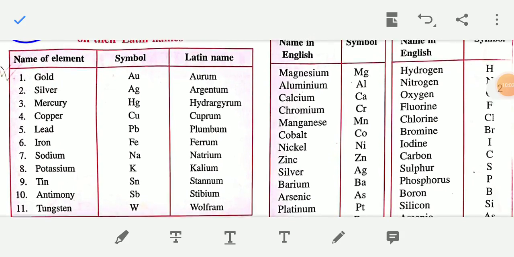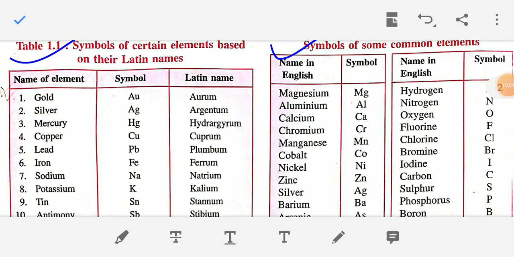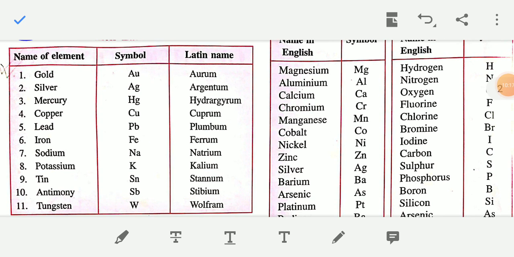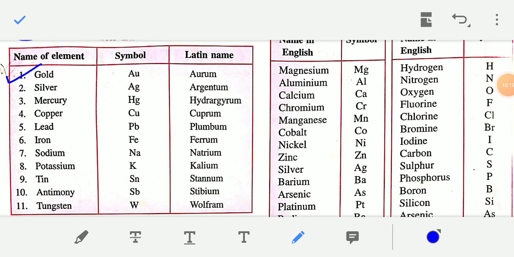See, table number 1.1, symbols of certain elements based on their Latin names. All these symbols you have already studied in class 8. Just remember: symbol of gold is Au because its Latin name is aurum. Symbol of silver is Ag because its Latin name is argentum.